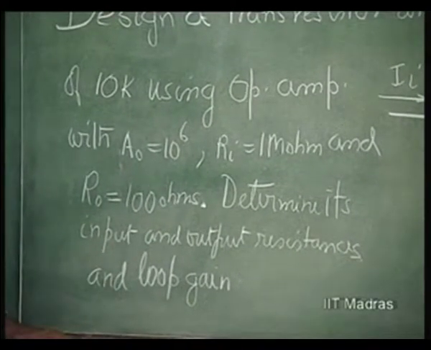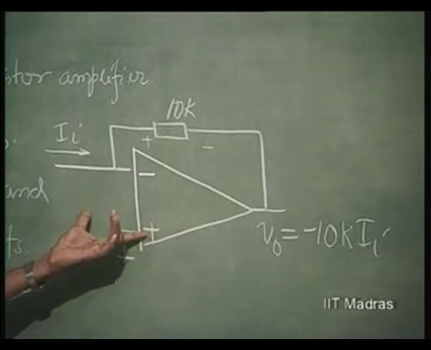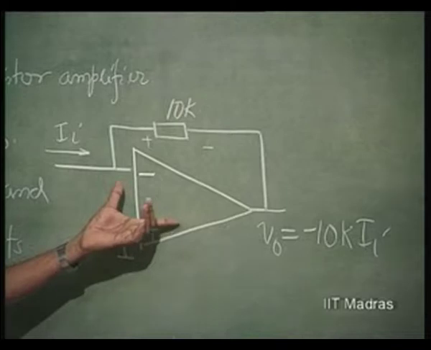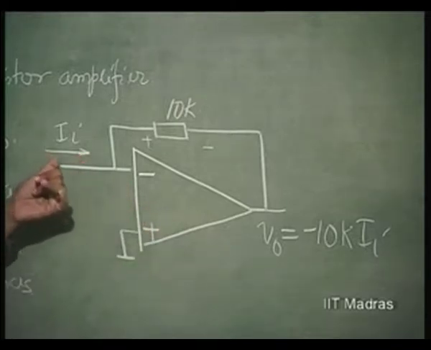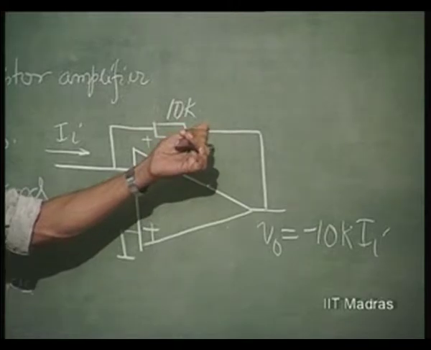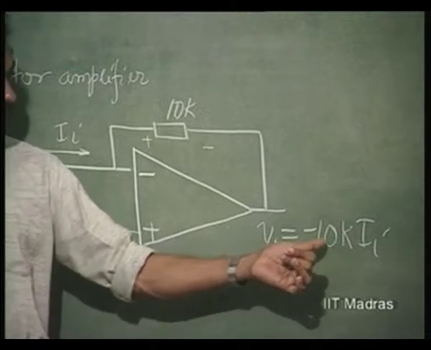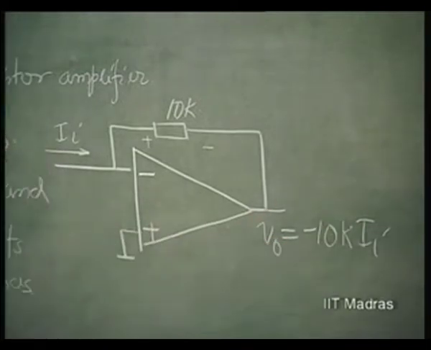Okay. So, V naught, this is the arrangement, this Y feedback has to be applied in order to get a trans resistor amplifier. So, in this case I will flow through entirely this 10K we have seen, this becomes virtual ground and the output voltage becomes minus 10K I. This is ideally the output.